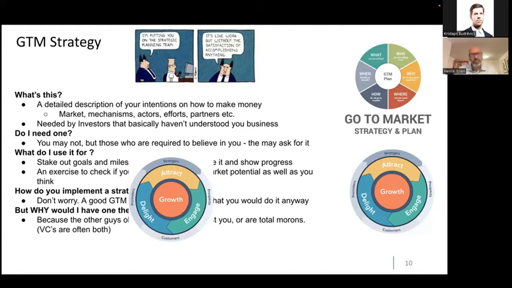So basically, you have a go-to-market strategy because you have morons on your board and among your VCs that don't understand anything about what you do. So that's what I have seen with my go-to-market strategy. It was basically a piece of educational paper that I spent months trying to write because the guys on the other end actually didn't really care and just needed an excuse to do whatever they need to do.